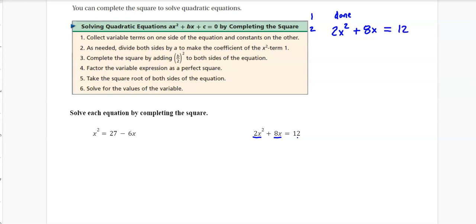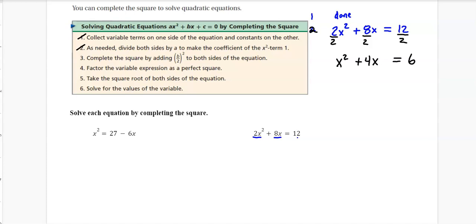So for step 2, I need to divide everybody, both sides, by 2. This isn't hurting the equation, as long as I divide everybody by the same number. So what I'm going to get from that is x squared plus 4x equals 6. All right, so I've done step 2.